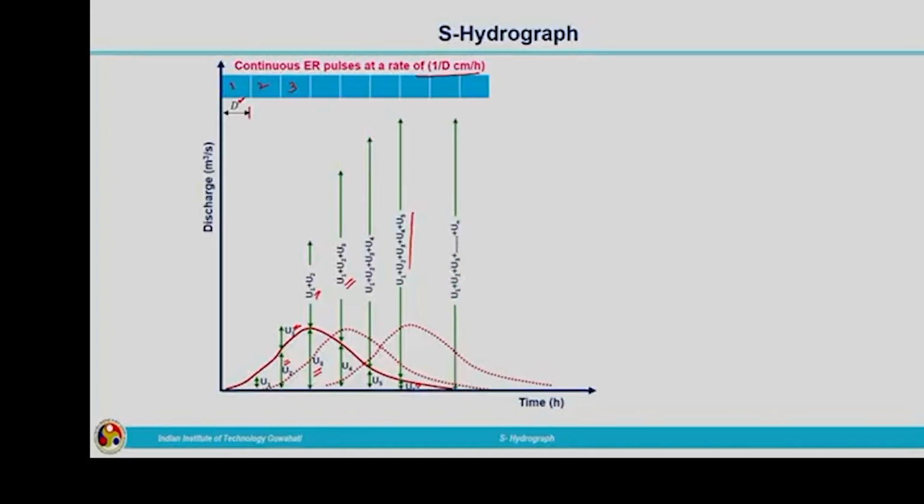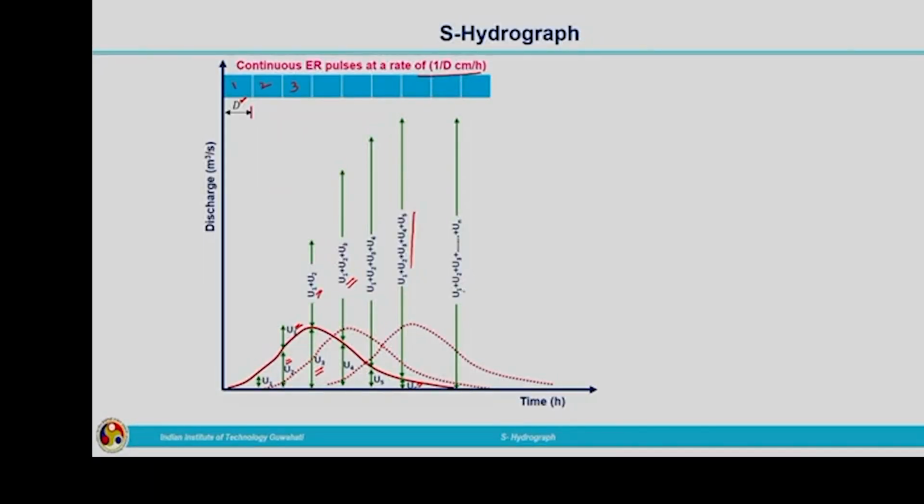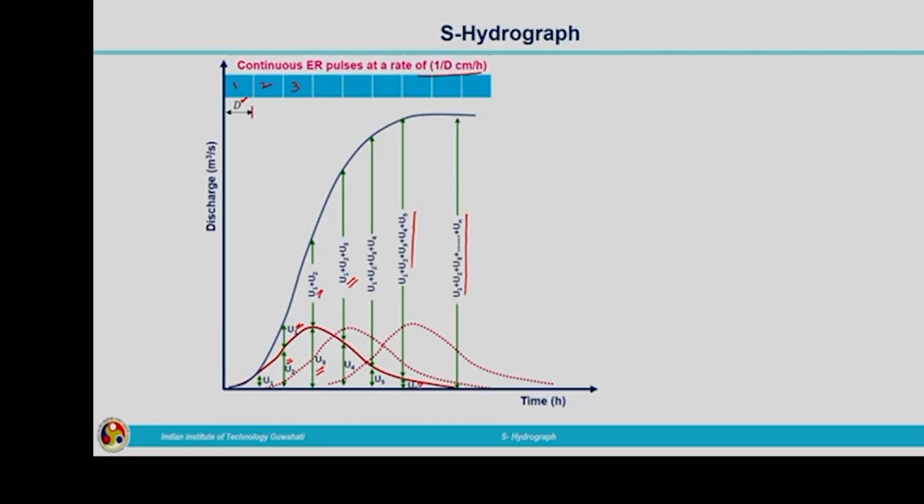And if the unit hydrograph has n number of ordinates, the ordinate corresponding to the equilibrium discharge of the S-Hydrograph can be represented by u1 plus u2 plus u3 up to un, and we can plot the S-Hydrograph like this. Once it has attained the equilibrium discharge, the ordinates are not going to change after that.